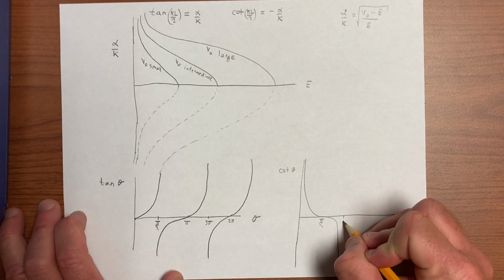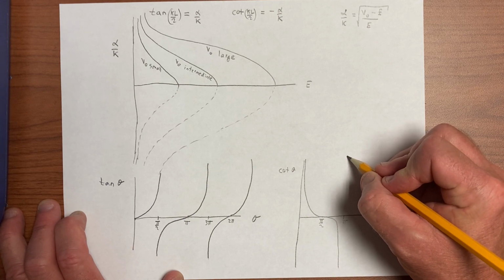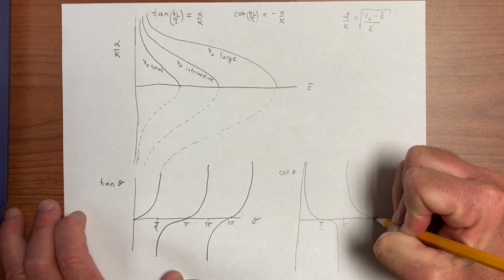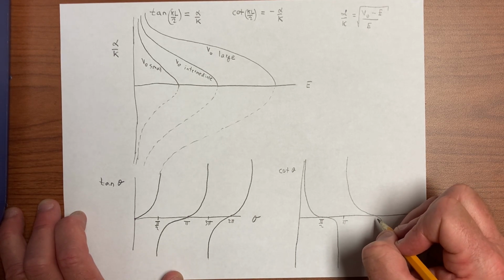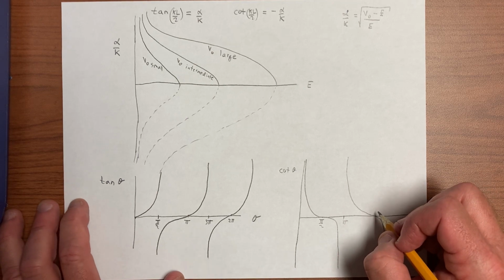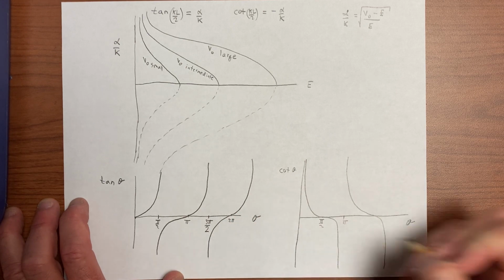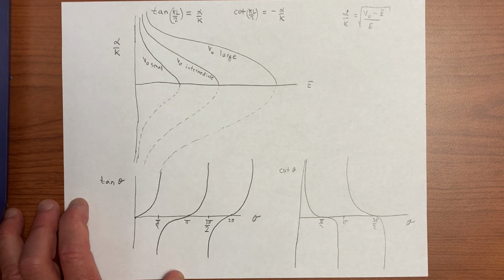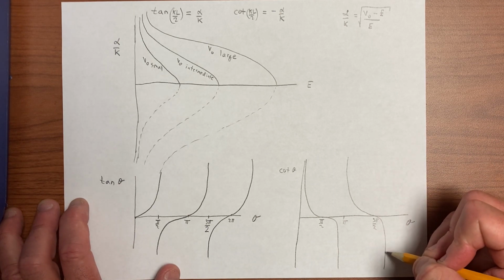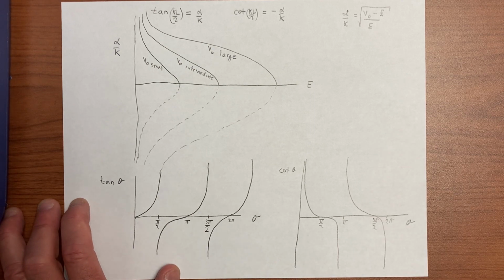Here this is pi, and then we come back up to positive infinity, and we asymptote down like that. Sorry, this is 3 pi over 2 here. So 3 pi over 2, and 2 pi here. I got that right. And then we come back up to infinity, and we come down again.